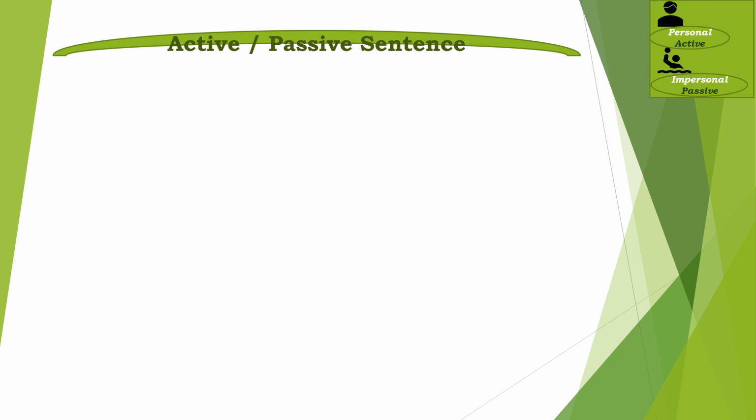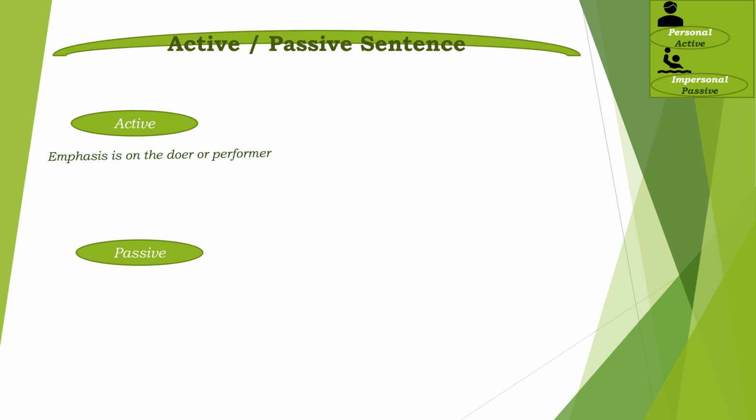After learning about active and passive voice, let's learn how to write an active and a passive sentence. Since we know in an active voice, emphasis is on the doer or the performer. In a passive voice, emphasis is on the result or the receiver. Let's take a look at this example.